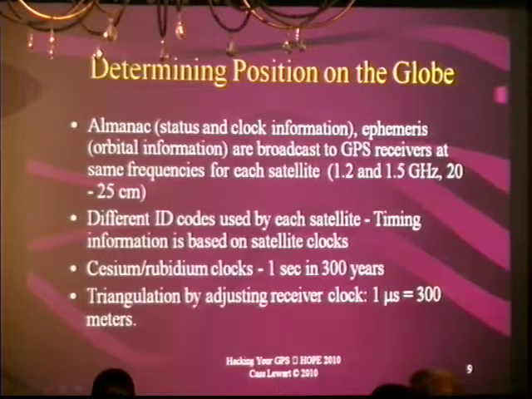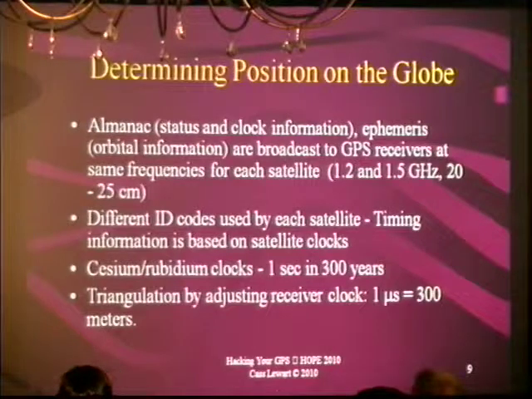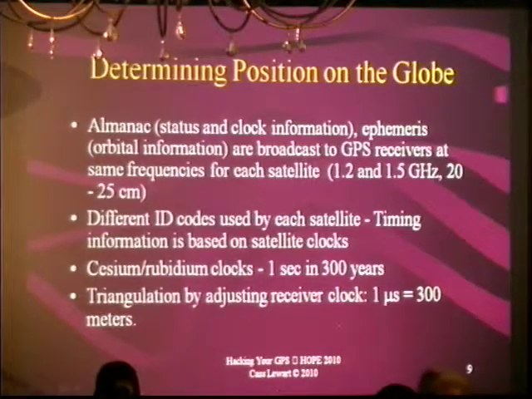If you are familiar with astronomy, if you know the ephemeris of a star, you know when it rises, when it goes down, and where it is at any precise time during its passage on the sky. And in addition, you get almanac information, which tells you if the clock is not working or if there's something wrong with your satellite. And this information is received by your GPS unit.